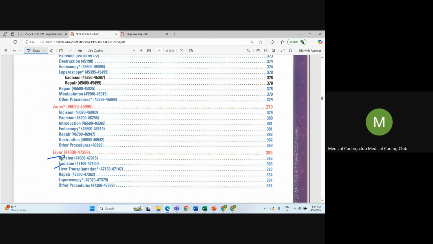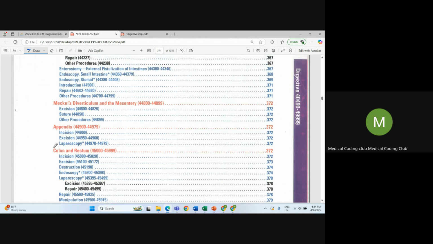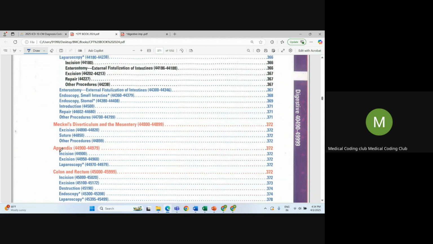Liver biopsy is very important. From colon and rectum, be aware of the colonoscopy concept, and the decision tree is very important for coding guidelines. Then appendix is very important. You should be aware of incidental appendectomy, appendectomy with major procedure, and appendectomy using laparoscopy method. All those are very important.